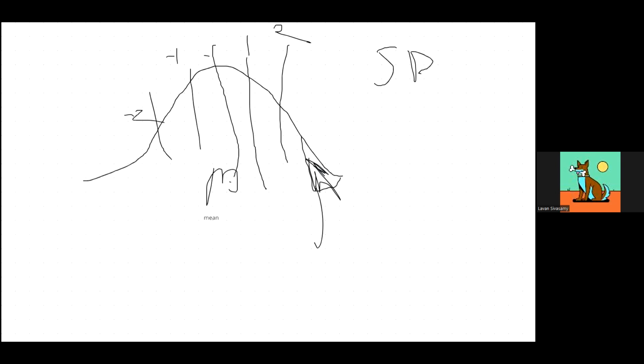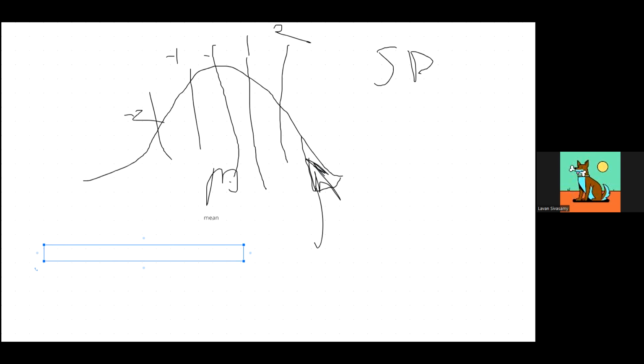So pretend we have a problem. We are comparing everybody's height at school.